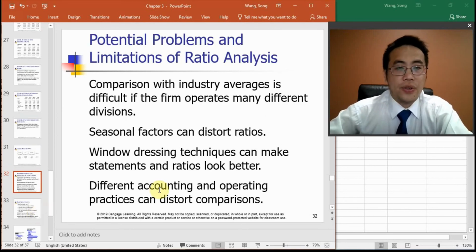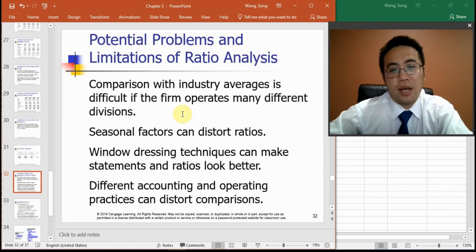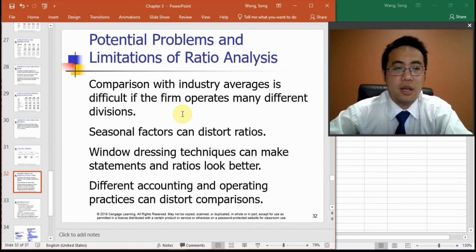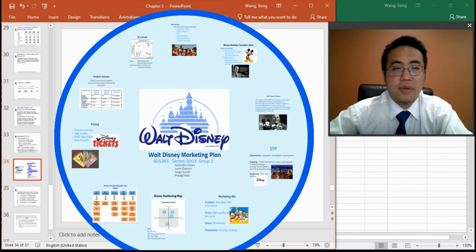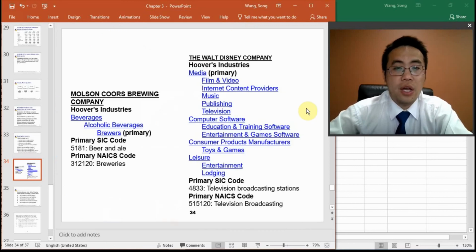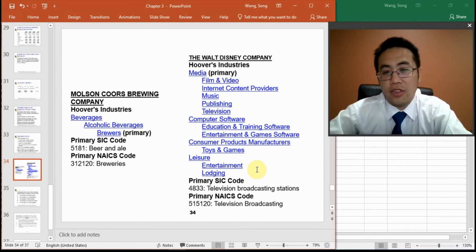And when we do the ratio analysis, there are some limitations and potential problems, because sometimes when we do the comparison against the industry, it is difficult when the firm has different divisions or segments. For example, if you look at Walt Disney, it has many segments. The primary business here is media, because Disney produces films and videos, and it also produces computer software, toys, games, and they also run the theme parks.